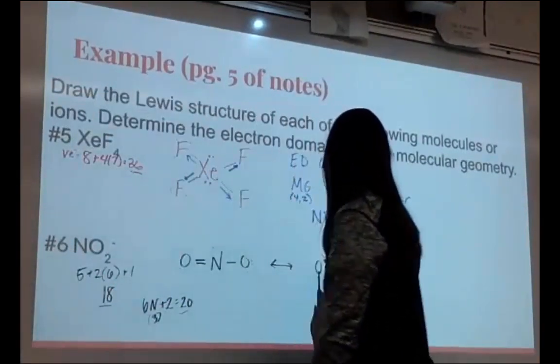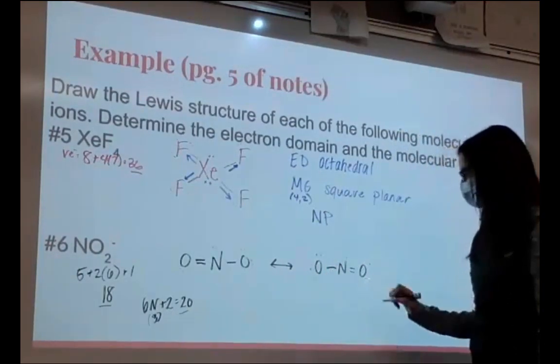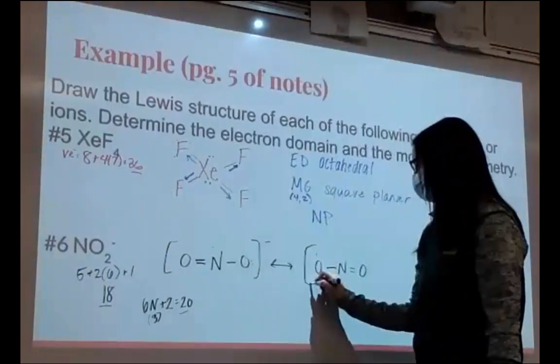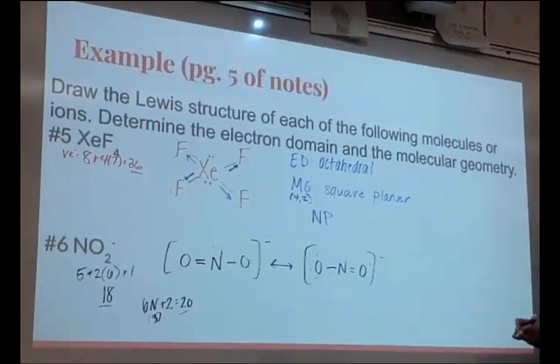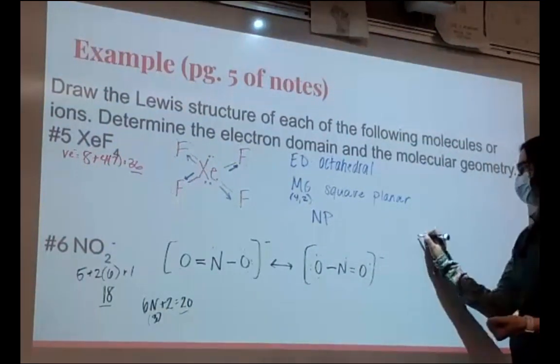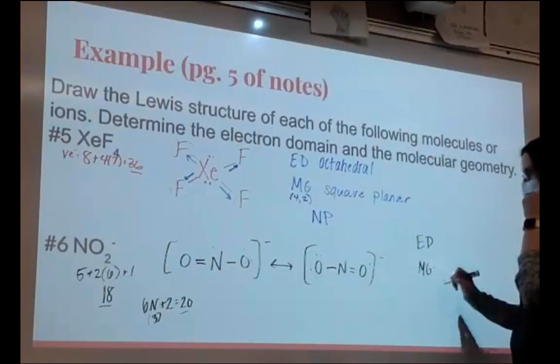And then we'll do the same thing. Now because they're both ions, I'm going to put them in brackets. Charge. So then we will look at electron domain geometry, molecular geometry, and the polarity.